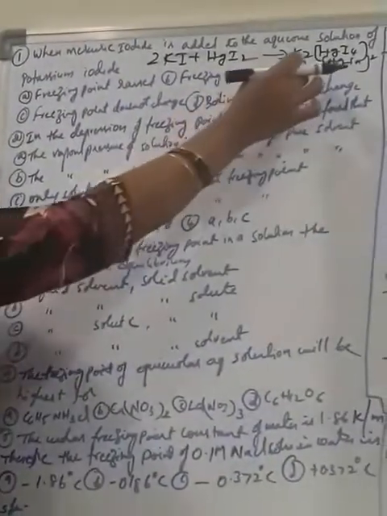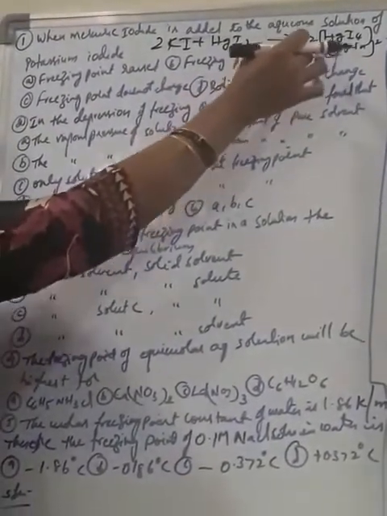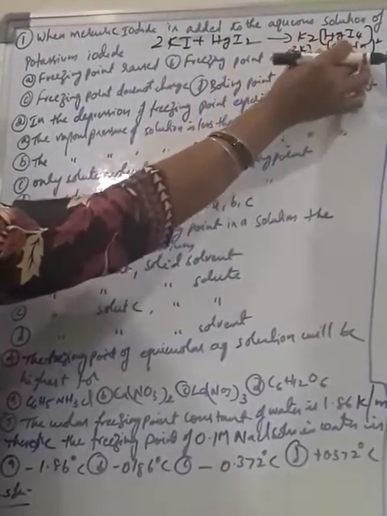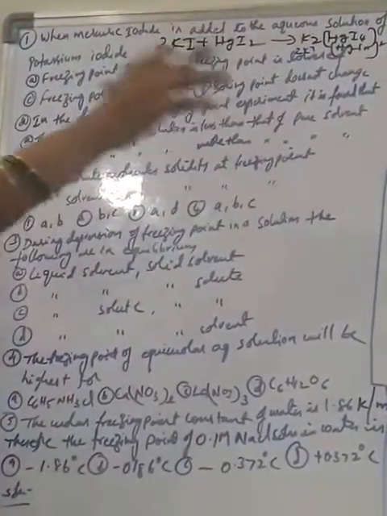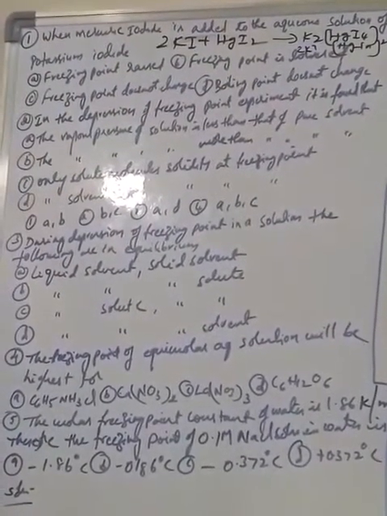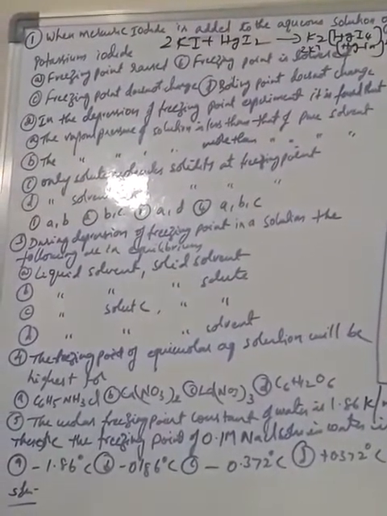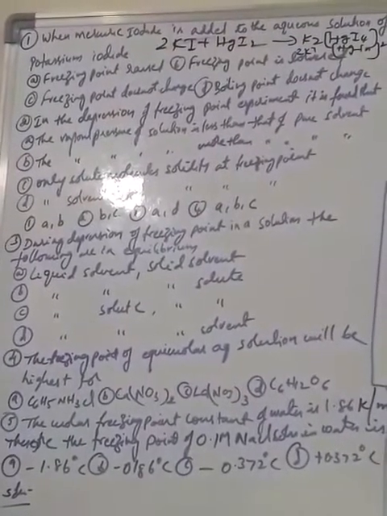So here only 3 ions are formed in the solution. So the number of ions gets decreased in the solution.